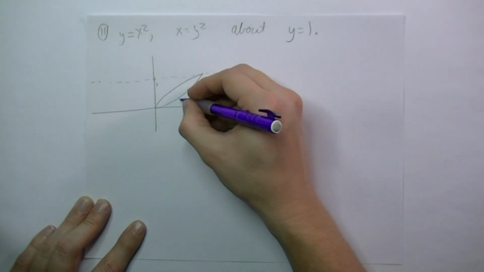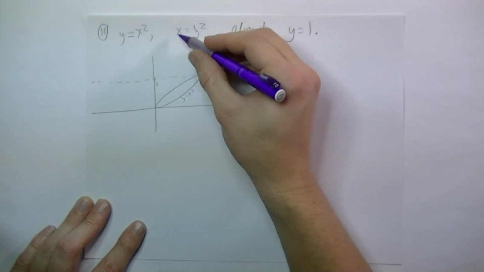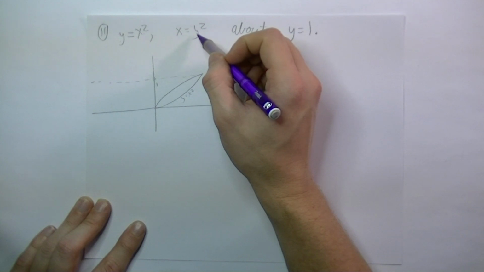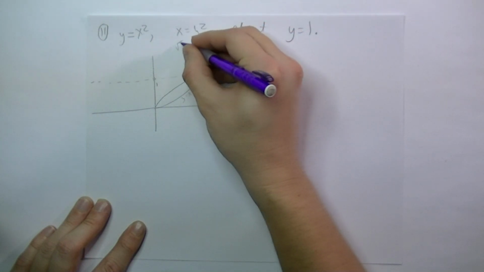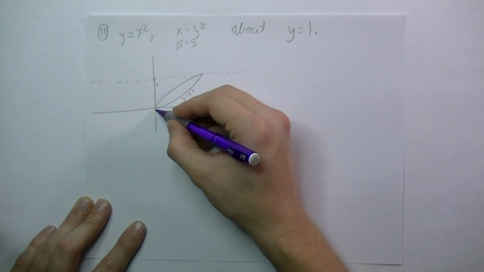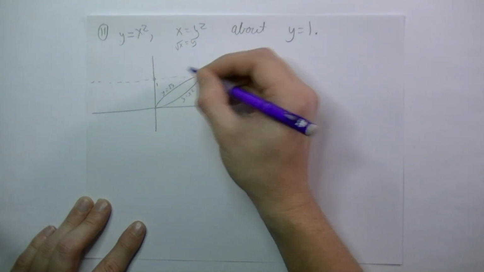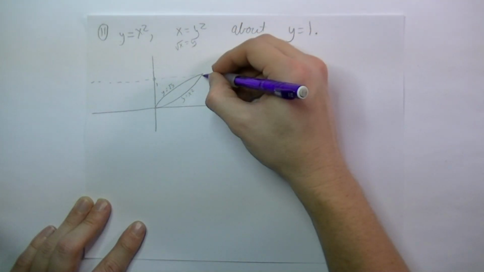So here is y equals x squared, and here is, I'm going to solve this for y. I'm going to take the square root of both sides, so I get that the square root of x equals y, because that's this function here. This is y equals the square root of x. Okay, and then I'm revolving around this line.